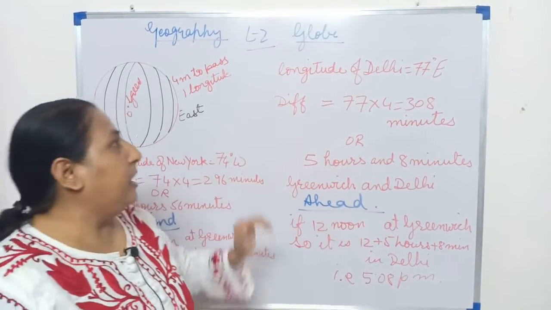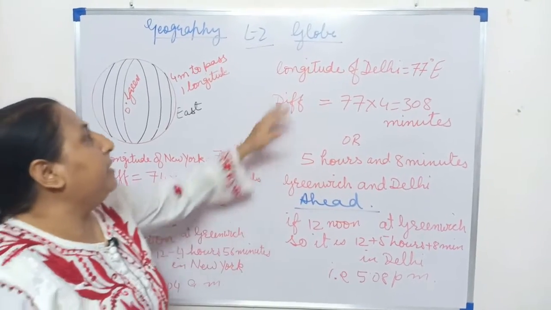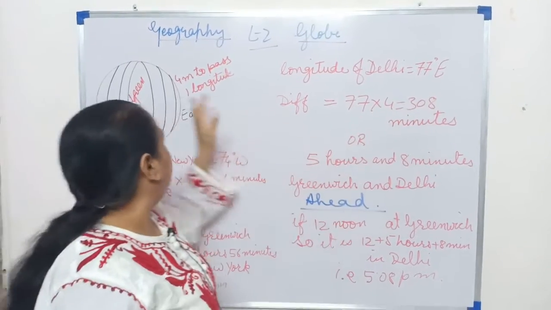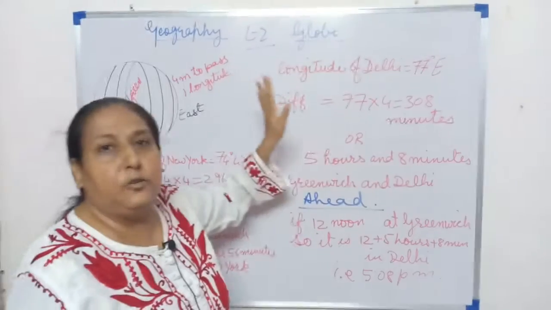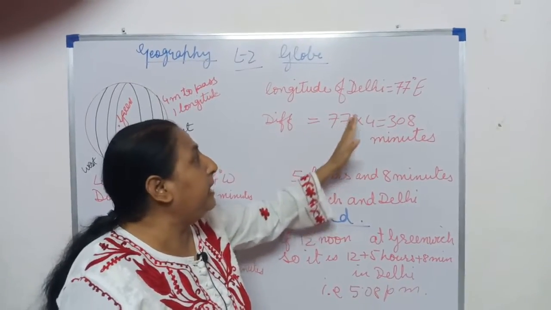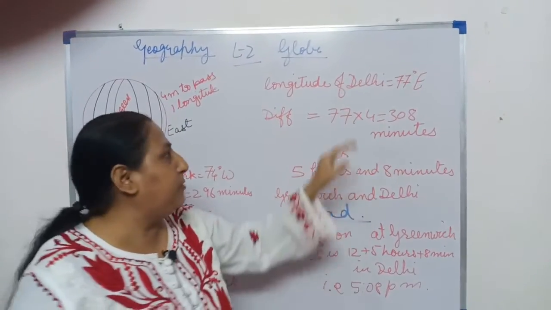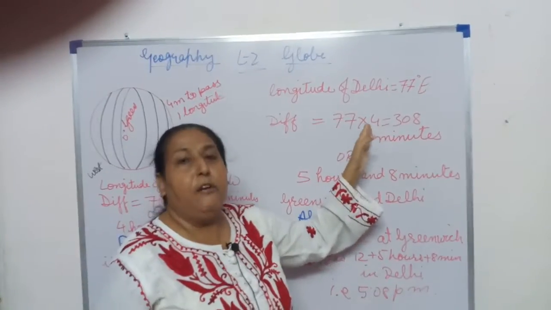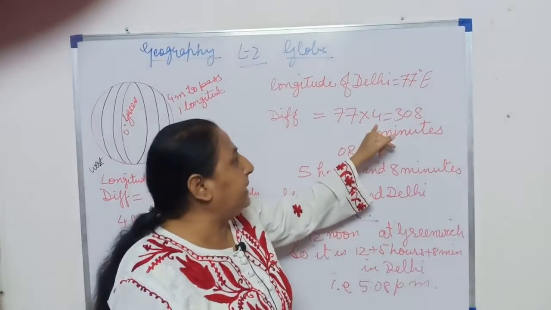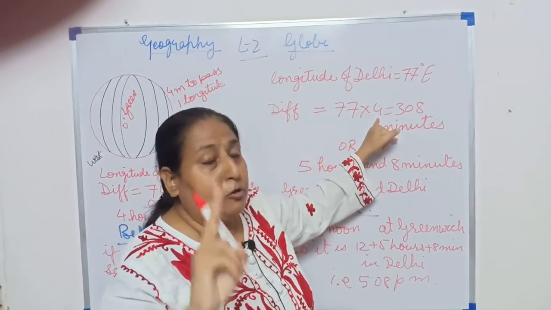Now, if longitude of Delhi is 77 degree east, that is, it is 77 degree towards the east of Greenwich. Now difference between your Delhi and Greenwich will be 77 into 4. Why we are doing 77 into 4? Because Delhi is 77 degree and there is a difference between two longitudes of 4 minutes.